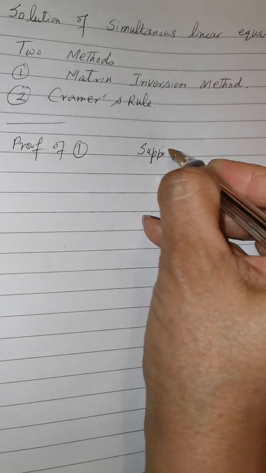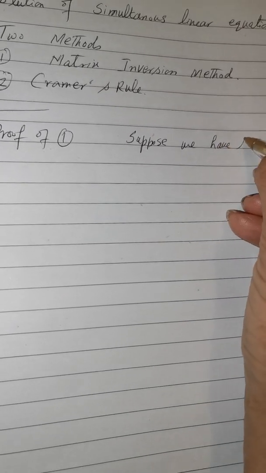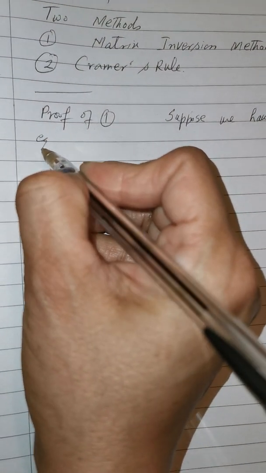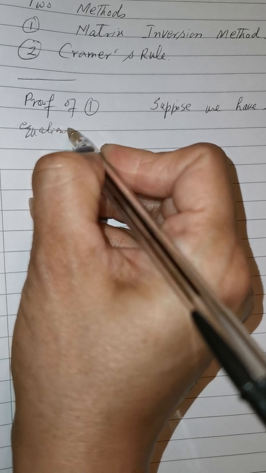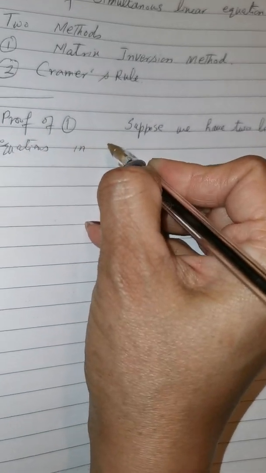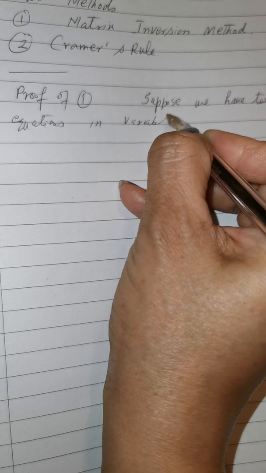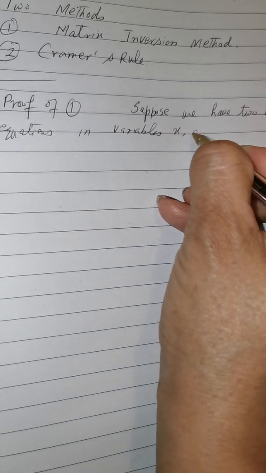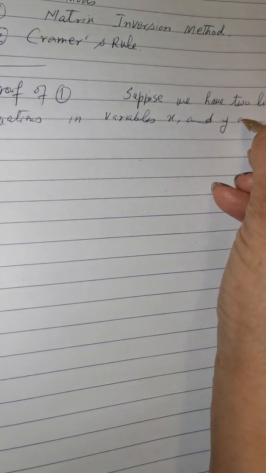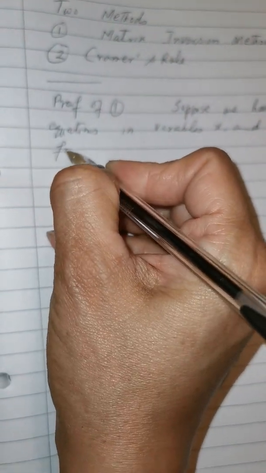Suppose two variables x and y, and its general form of linear equation.